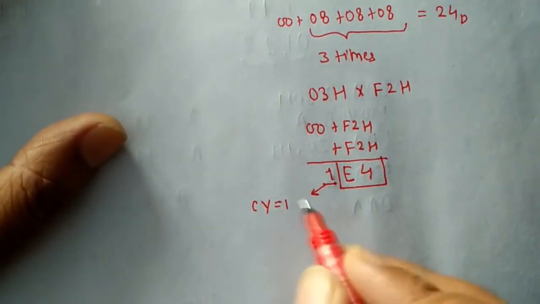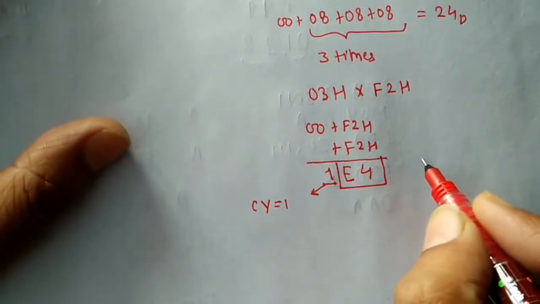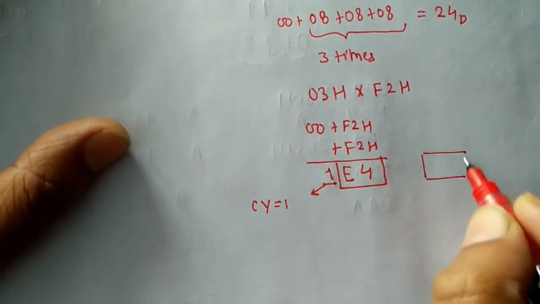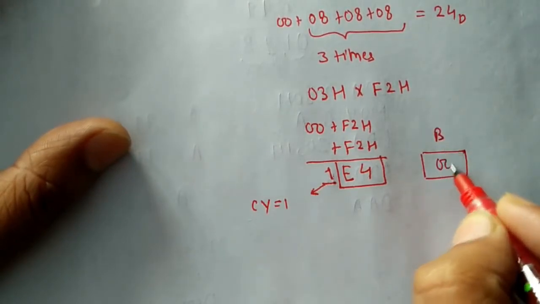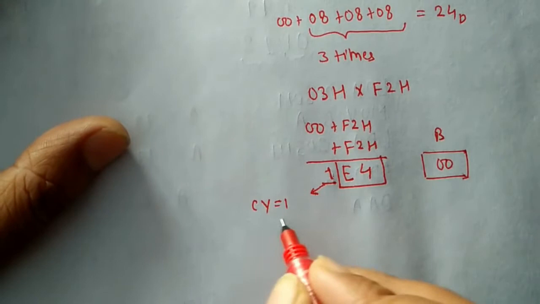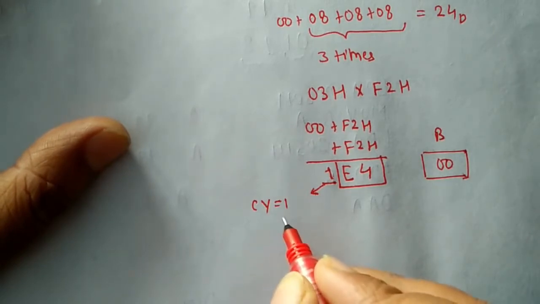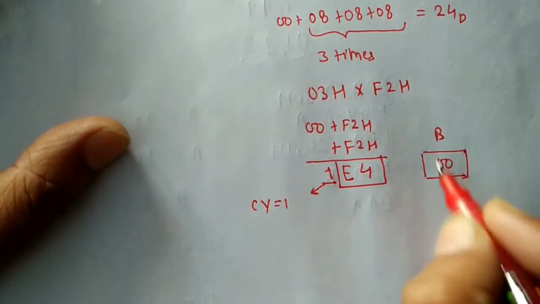So now what we are going to do is take a separate register, say for example register B, and put the value 00 there, and we will be checking carry. If we are getting a carry, then we will increase this number, otherwise we will not.